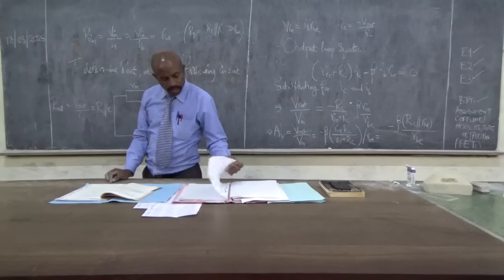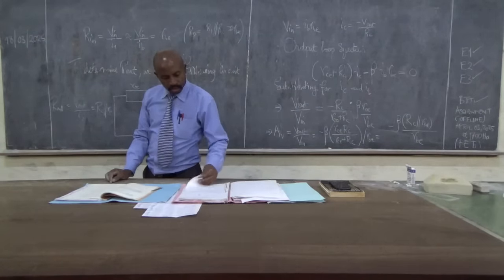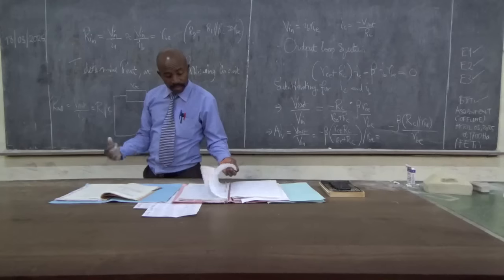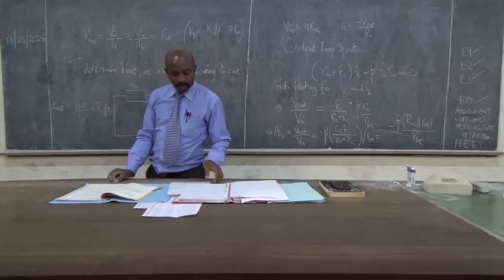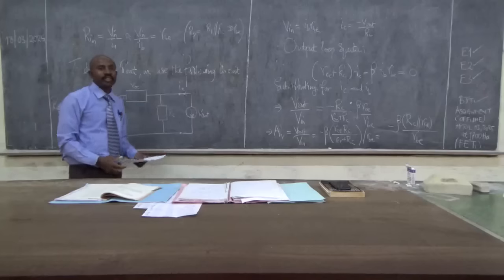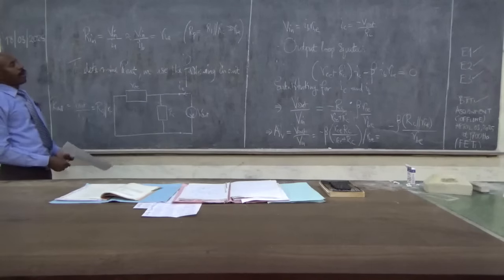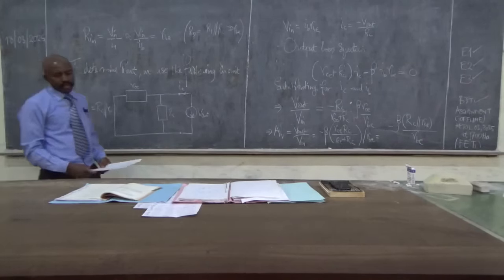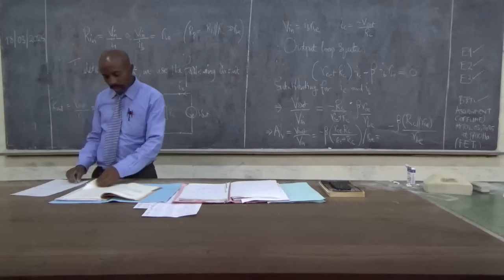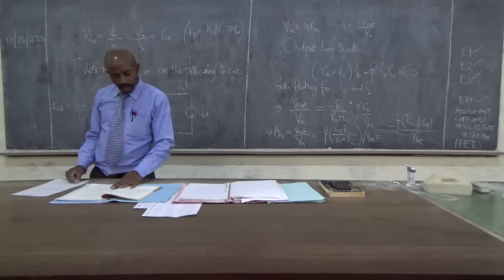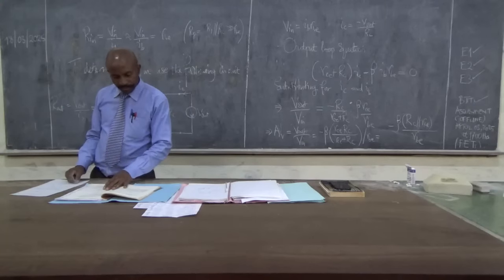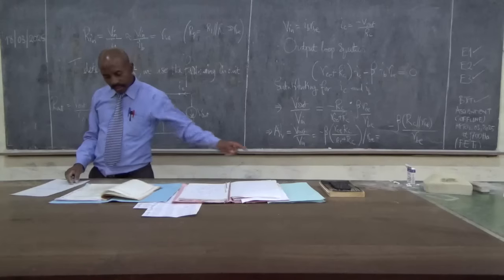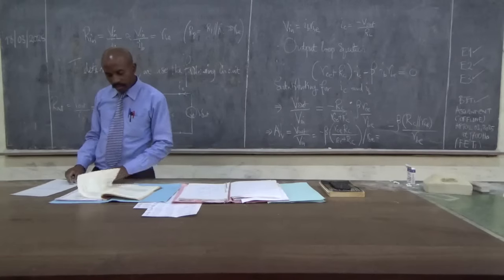And also, once you read through. So we're going to do this same ritual for the common collector and common base. And I guess in the manual, E5 is the common base, single stage, and E6 uses E3.